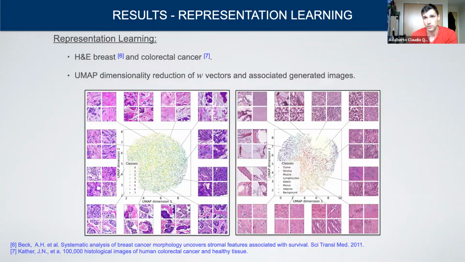I think this is the most interesting thing from the model itself, which is the representation learning part. That is the alternative latent space after the mapping network. In this case, what we did was to generate 10,000 sample images. With each of the latent vectors that generate the image, you can do a UMAP dimensionality reduction.